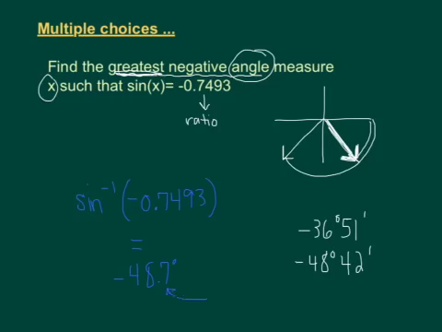Remember that decimal is a fraction of a degree, 0.7 degrees. We could convert that into minutes by knowing that there are 60 minutes in every 1 degree, used as a scalar multiple, and that, ladies and gentlemen, is how we get this 42 minutes. So there's our answer. It's a negative angle. It's the greatest one we can get using the inverse sine function. It would never go past negative 90, and there you have it.